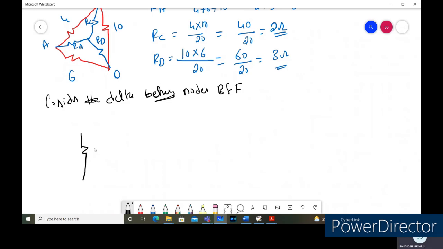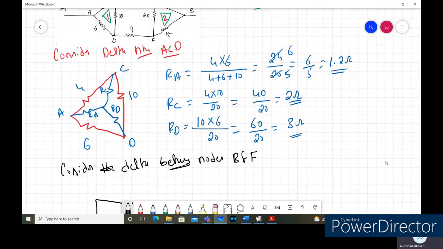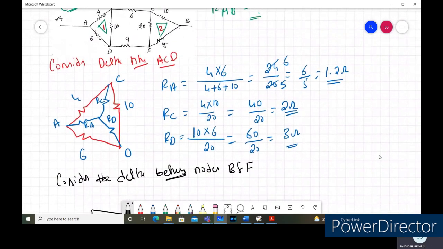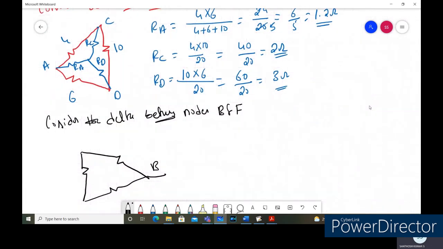This is node B, and this is node E and F. The values are 10, 15, and 20.